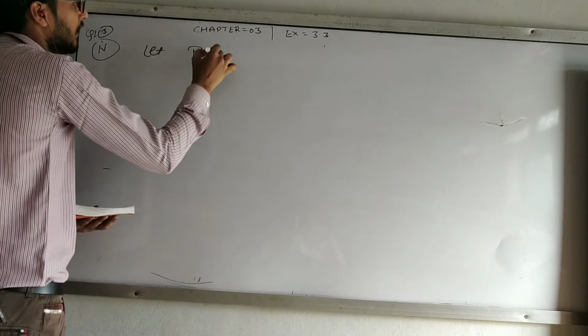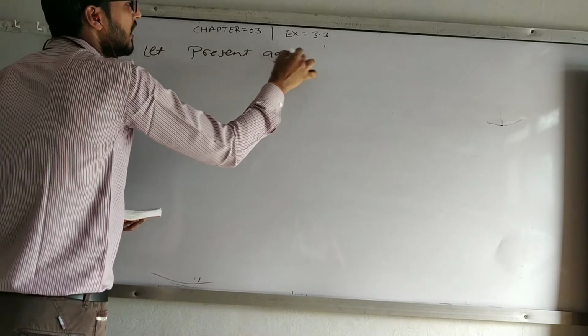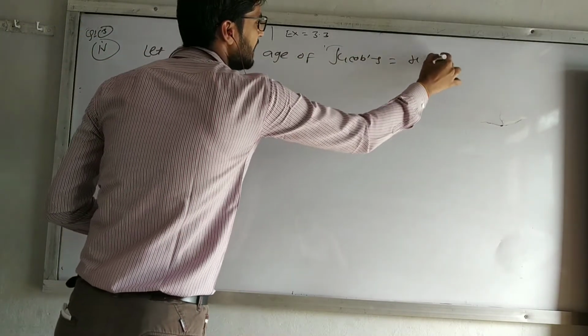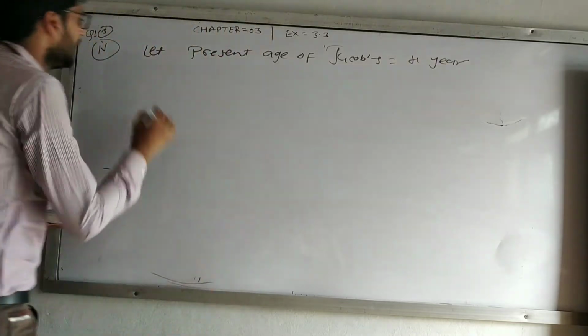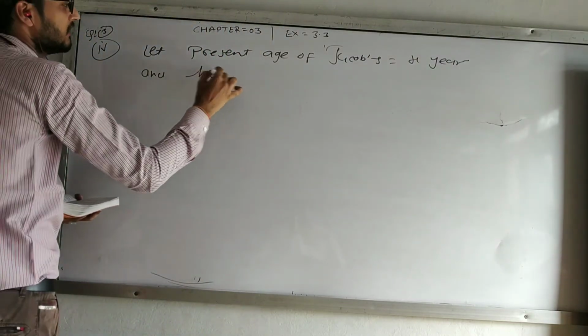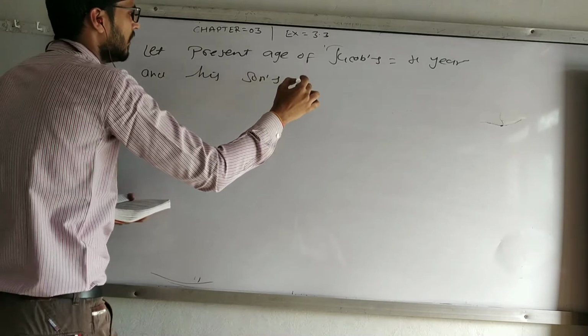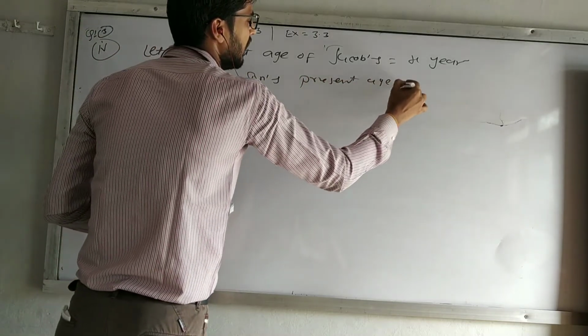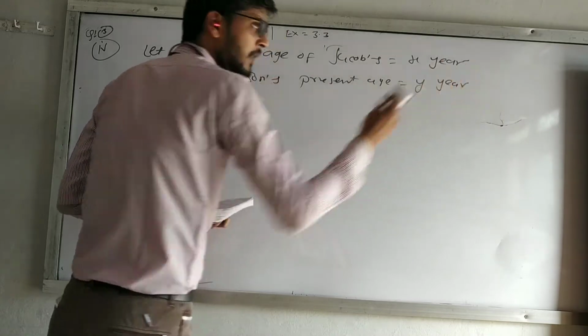Let the present age of Jacob be x years and his son's present age be y years.